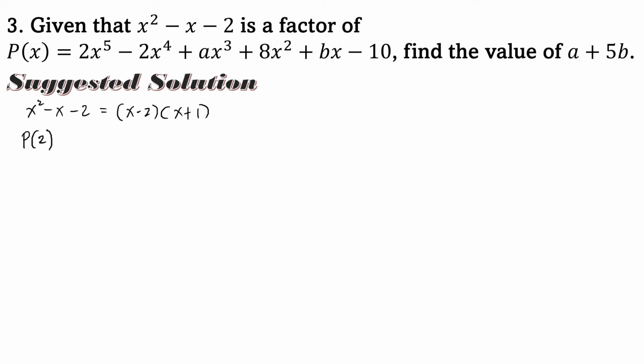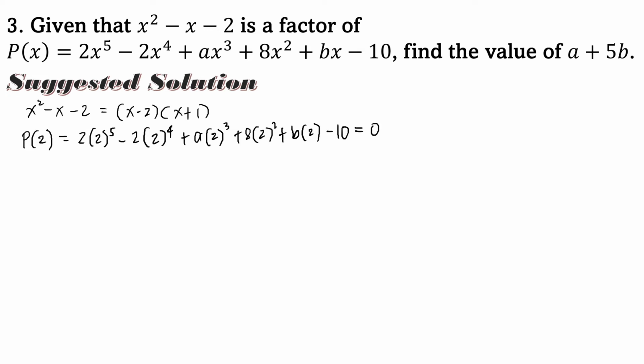Kunin natin ang p of 2. Meron tayong 2 times 2 raised to the 5th power minus 2 times 2 raised to the 4th power plus a times 2 cubed plus 8 times 2 squared plus b times 2 minus 10 equals 0. 2 times 2 raised to the 5th power is 2 raised to the 6th power.